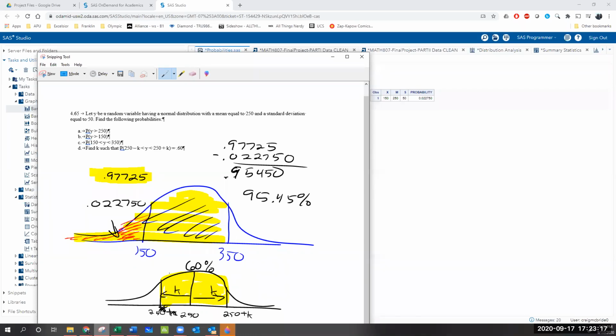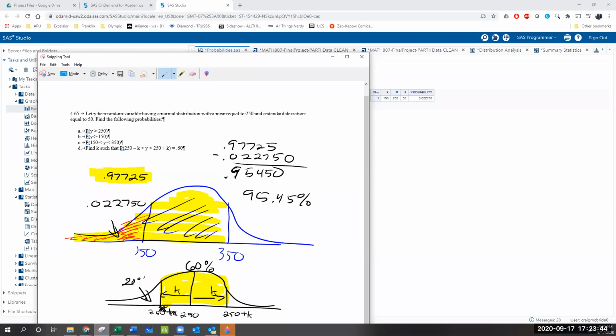If there's 60 in the yellow stuff, what's left over? 40. Right. And because the normal curve is symmetrical, how much do we know for sure is in this left tail? 20. 20, very good.